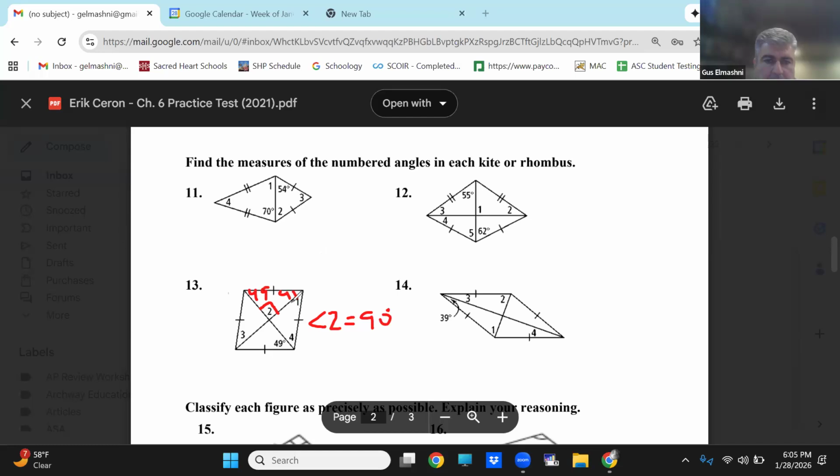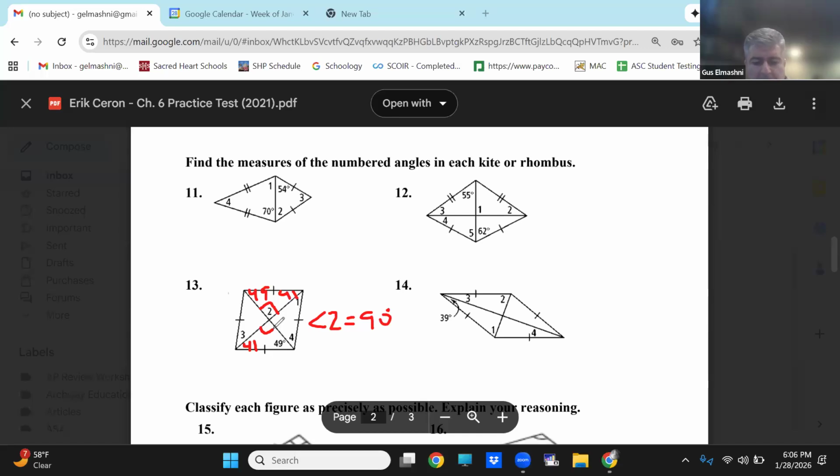That's also 41 over here. I wonder if we have enough information here. Well, would 3 and 4 be 41?